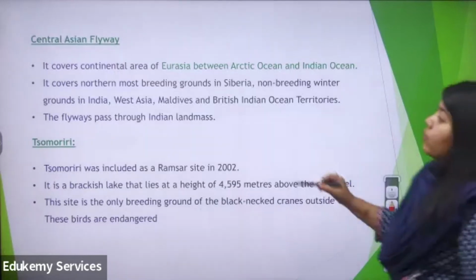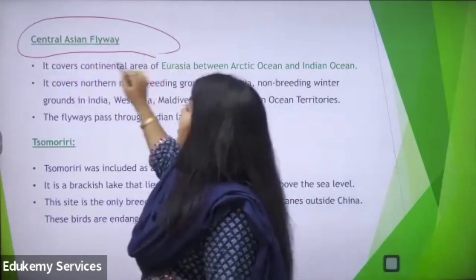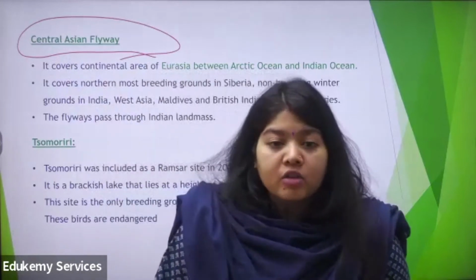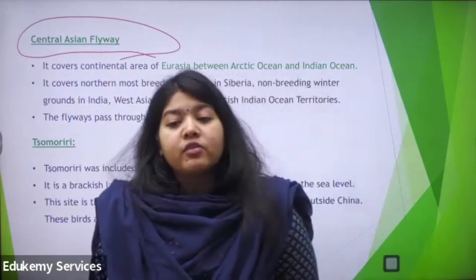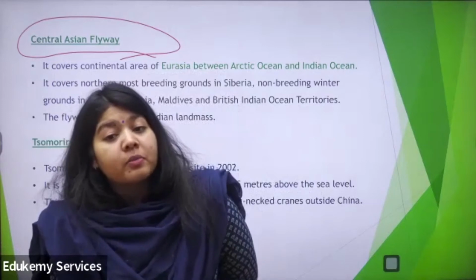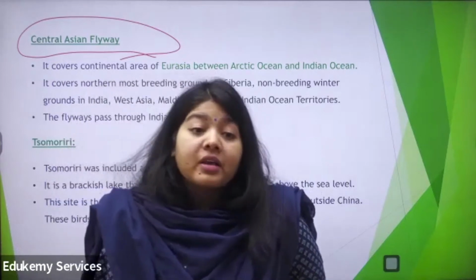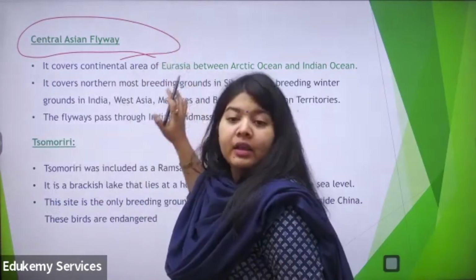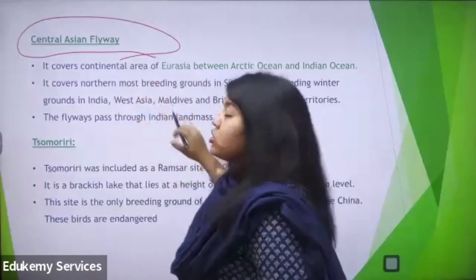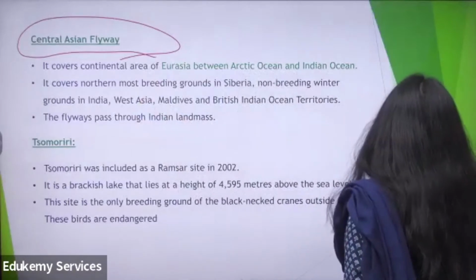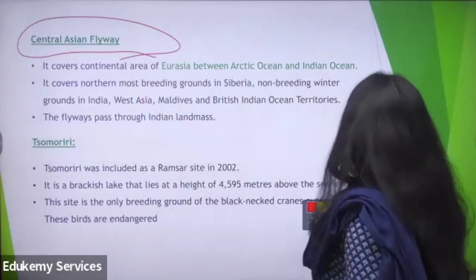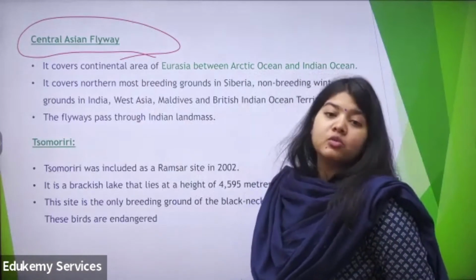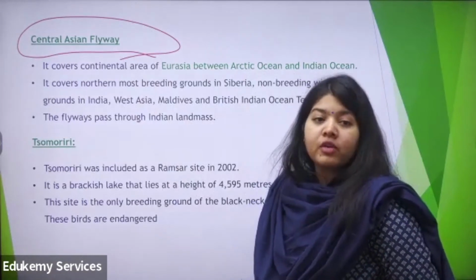Now, were we reading Central Asian Flyway again and again? In the new Ramsar sites, I was coming across something called the Central Asian Flyway. It is one of the biggest routes taken by birds. It starts from the Arctic Ocean and goes till the Indian Ocean, and in India, I have so many wetlands which support these birds in their critical stages of life.